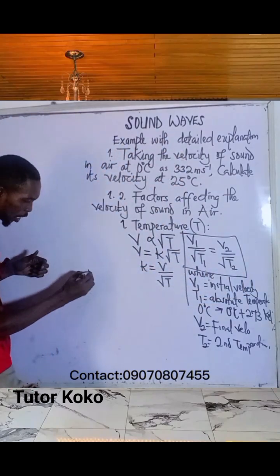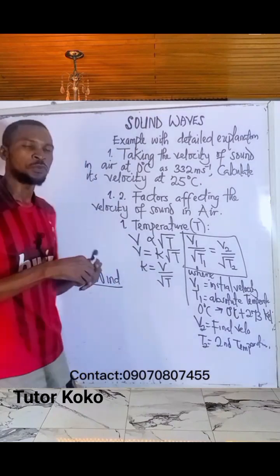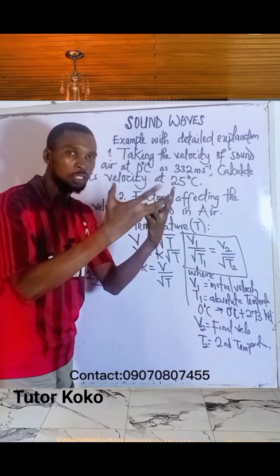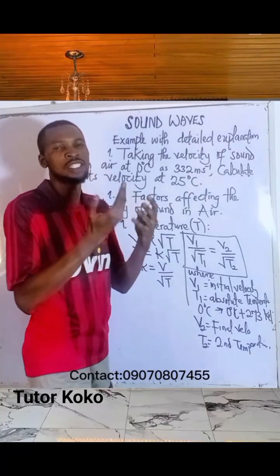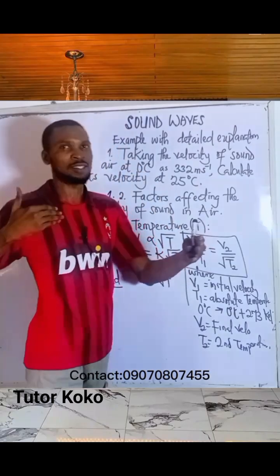Another factor that affects the speed of sound is wind. Now, if the wind is blowing in the direction of the sound, it is going to increase the speed of sound. And if the wind is blowing in the opposite direction, it is going to decrease the speed of sound.